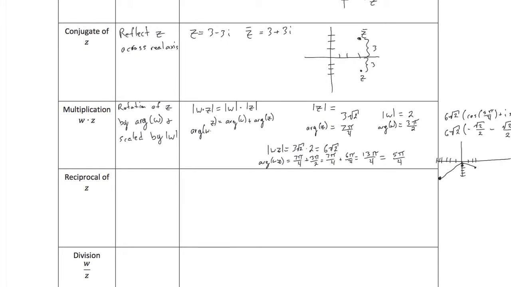Okay. The reciprocal of Z. So remember, reciprocal means 1 over. This is also what we've been working on today in this lesson as well. So this is going to rotate the real number 1 the opposite direction.